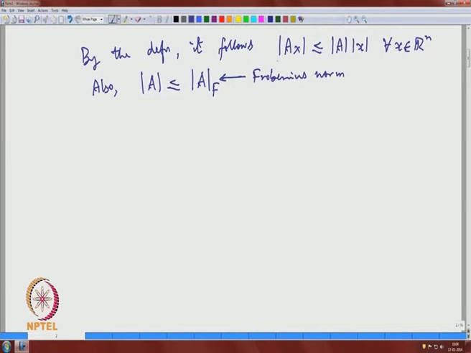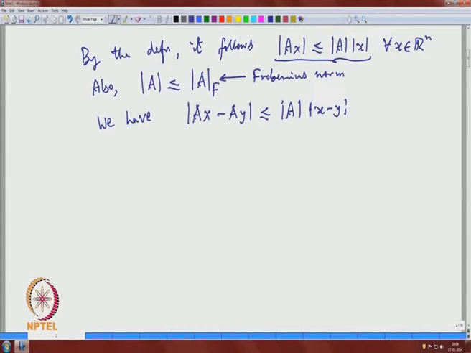From this, if I replace x by x minus y and use linearity of A, we have norm of Ax minus Ay less than or equal to norm A times norm of x minus y.